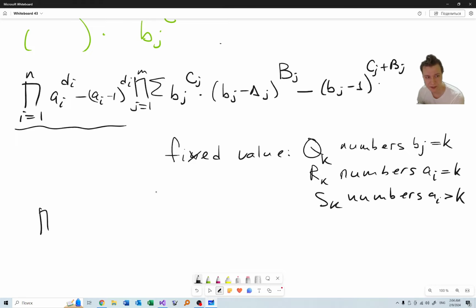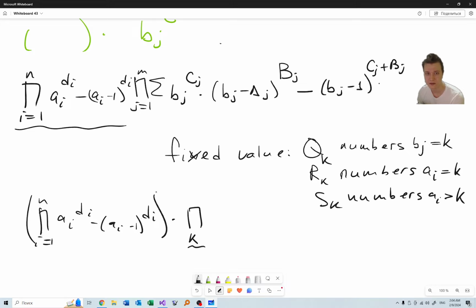Okay, let's then look at what we have. Here again we have the product from 1 to n of ai to the power di minus ai minus 1 to the power di, times the product for all k's. Let's look at one number bj which is equal to this number k. Then we have simply k to the power cj, which is sk.